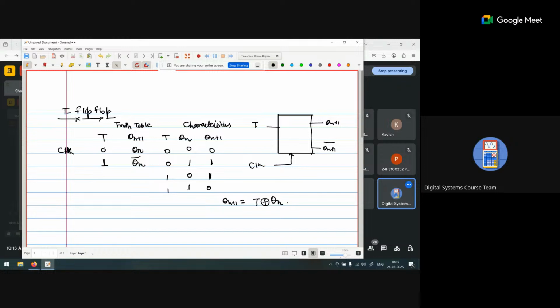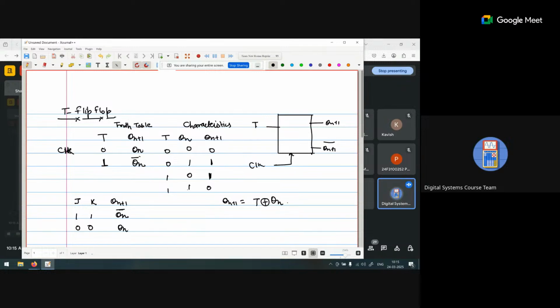Similarly, we know that when J and K are both 1 1, Q n plus 1 is the toggle condition. When J and K are both 0 0, Q n plus 1 is Q n.